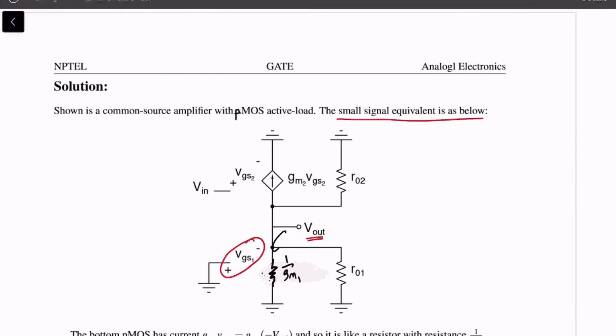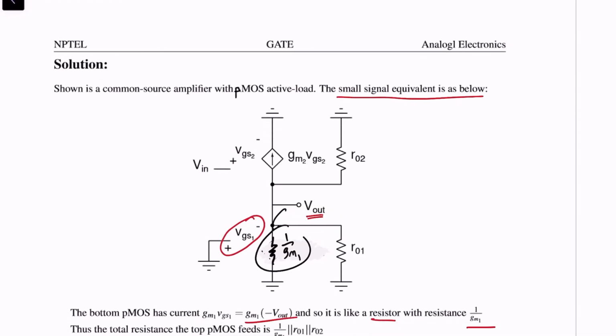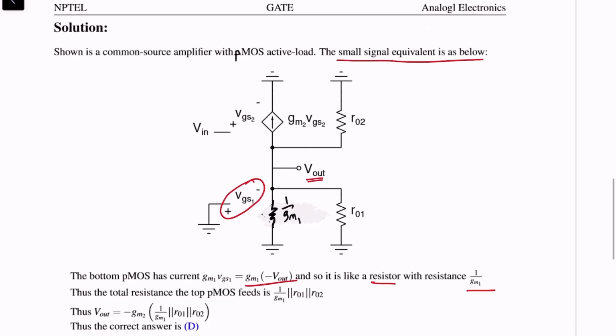So this resistor and this resistor are all connected between Vout and ground, so they're all in parallel. So the total resistance that the top PMOS is feeding is 1 by gm1 in parallel with ro1 and in parallel with ro2.